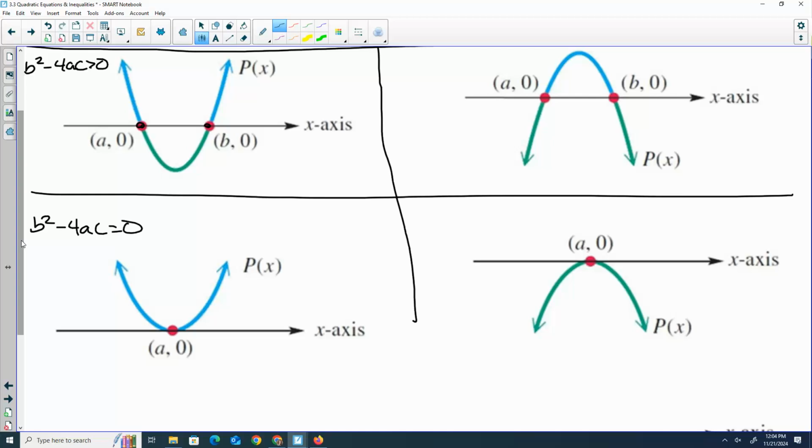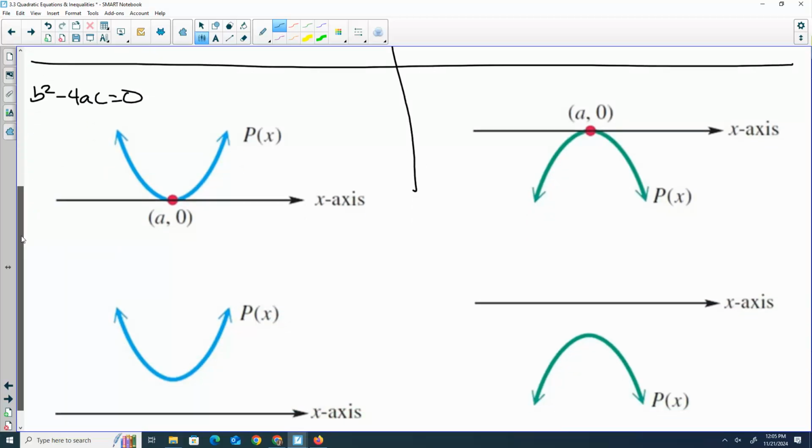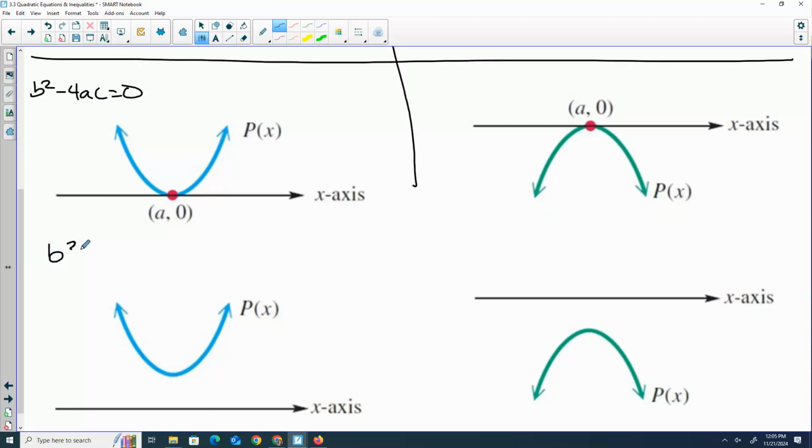Positive still opens up, negative still opens down. The other option, we might have a parabola that never touches the x-axis. What would cause it to never touch the x-axis? So if your discriminant is negative, your answers are imaginary.